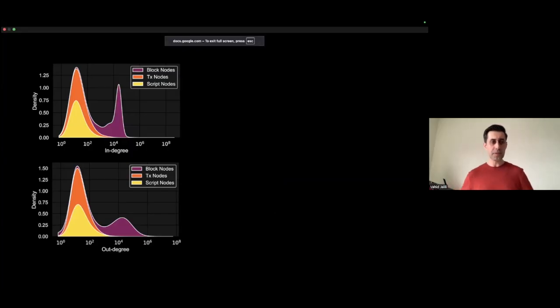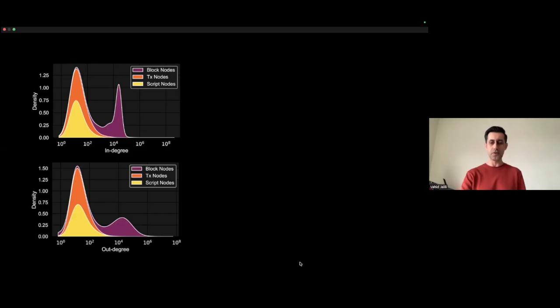So in terms of in-degree and out-degree, script nodes and transaction nodes, as expected, have a smaller in-degree and out-degree compared to block nodes. Like in our conversation, the block node connects to every transaction and every script happening in that block, so it tends to have a very high in-degree and out-degree.